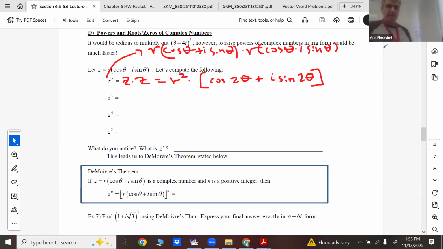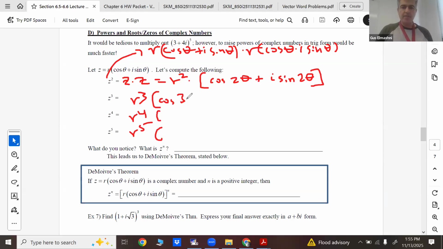So as we go through the pattern, what's going to happen? r cubed, r to the 4th, r to the 5th, cosine 3 theta plus i sine 3 theta, cosine 4 theta plus i sine 4 theta. And by the way, we're not going to go over homework today. We'll save it for next week. It's fine.